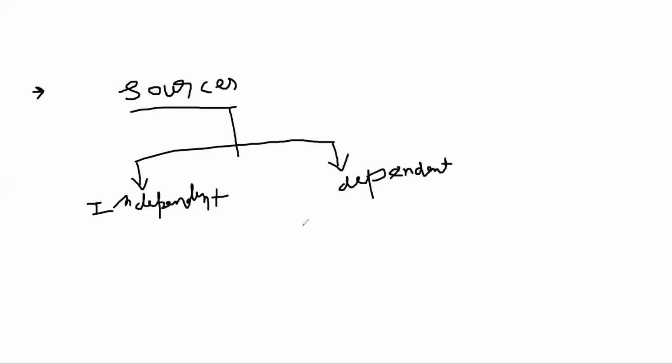Independent sources may be divided into two categories: voltage source and current source.